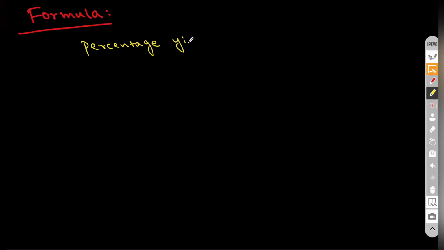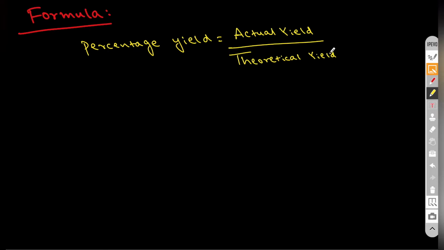Now discussing further, we will write the formula for percentage yield. So percentage yield is equal to actual yield divided by theoretical yield multiplied by 100. We'll also solve problems so you better understand.